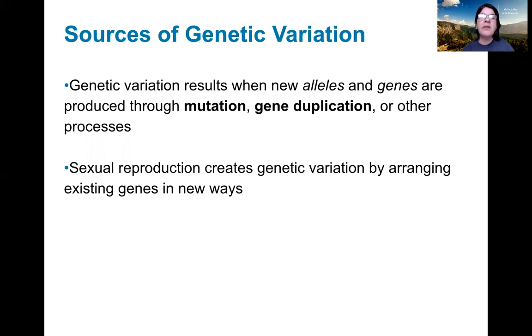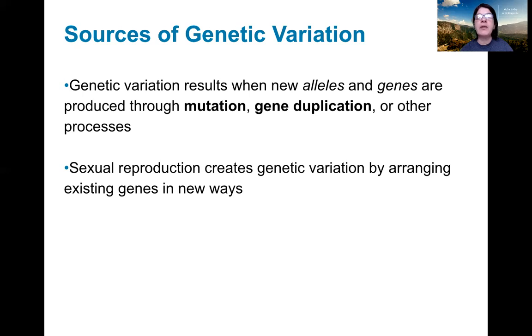So genetic variation can result when either new alleles or new genes are introduced through mutation, gene duplication, or other processes. So mutations can cause new genes and new alleles. Sexual reproduction cannot cause new genes or new alleles. It just shuffles.